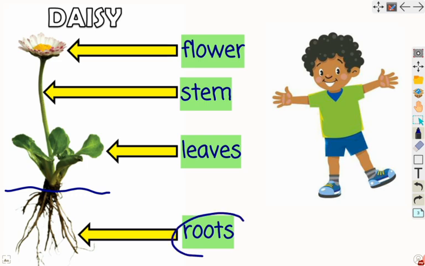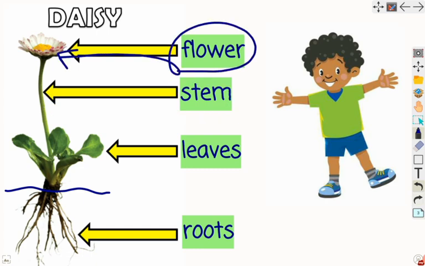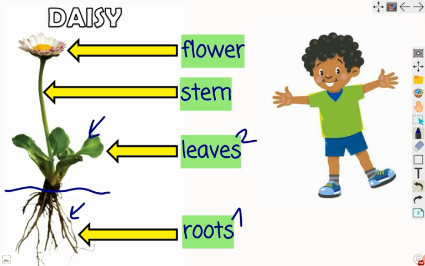So we've got roots, leaves, stem, and finally we've got flower. Can you repeat flower? Flower. Very good pronunciation. So our number 1 is root, and number 2 is leaves, and number 3 is stem, and number 4 is flower.